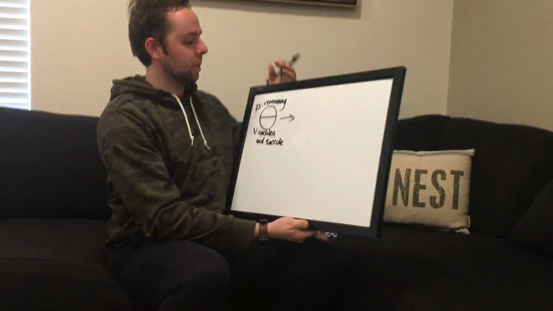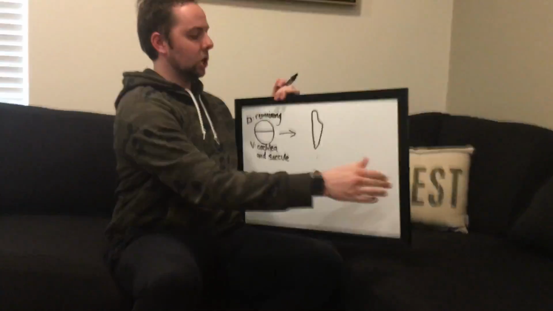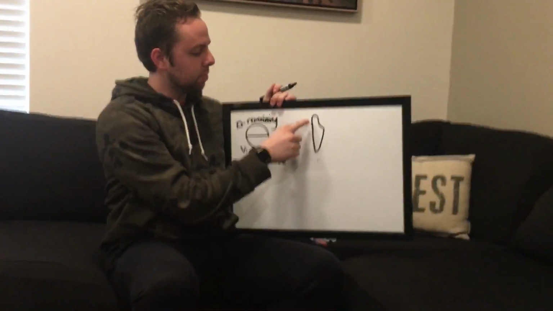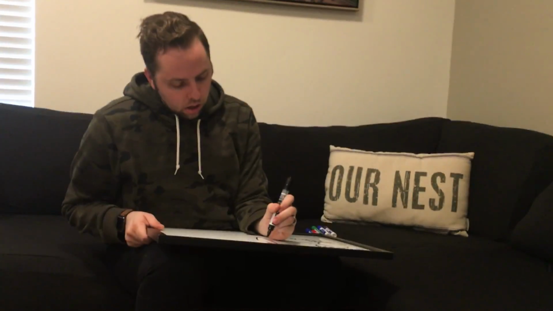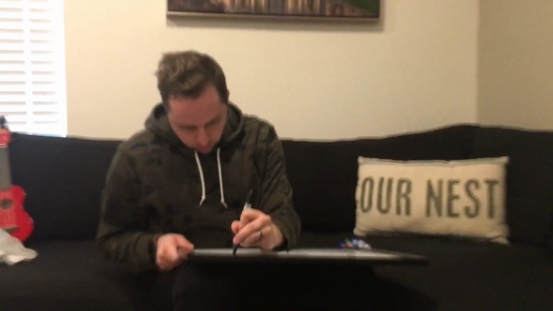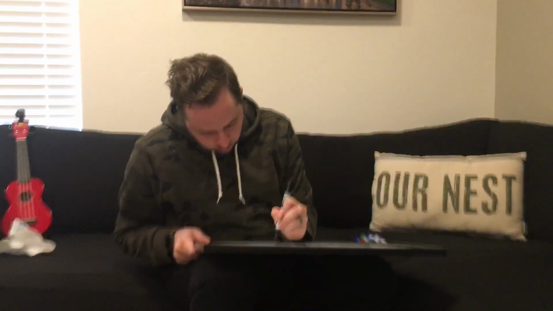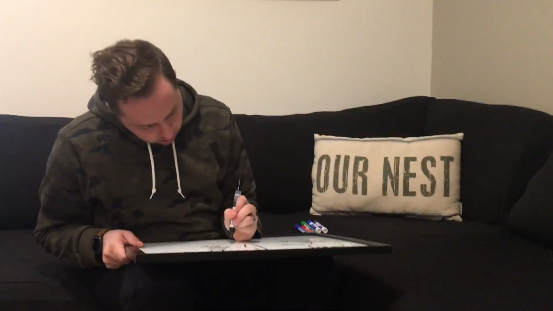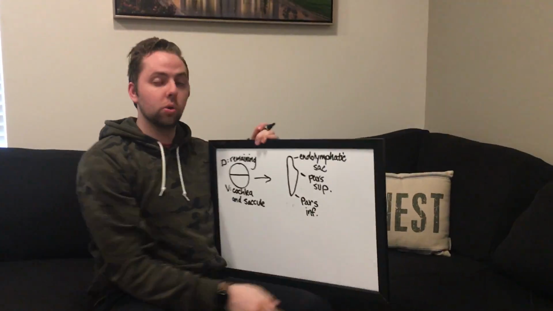So as time goes on, we get the elongation of the otic vesicle. Kind of looks like that, just a little strange looking. This part up here, so these three parts have certain names, which we will identify here. We have the endolymphatic sac, pars superior, and pars inferior, as shown here.